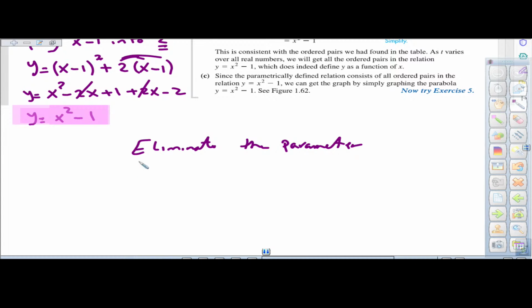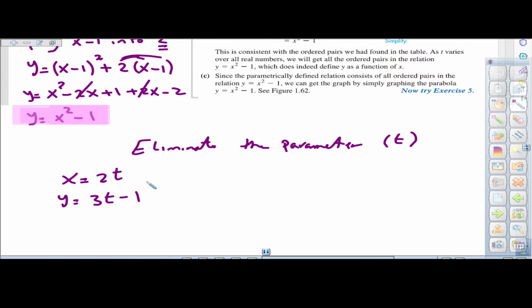What we're after here is, I have x equals 2t, and y equals 3t minus 1. Okay? So we're asked to do that.